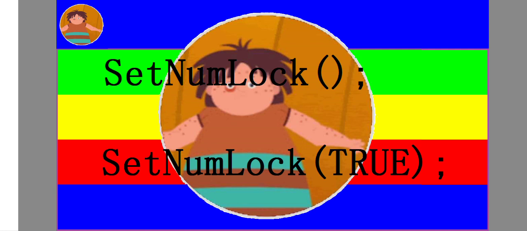The cursor in SB, NumLock is off. The cursor outside of SB, NumLock is turned on. Let's build.